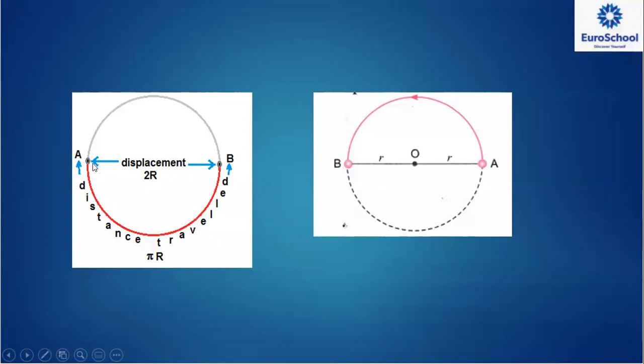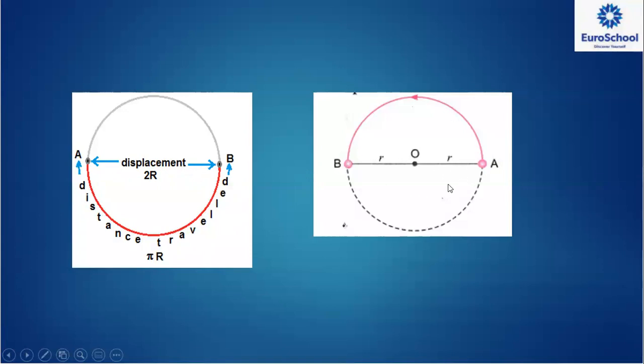If an object is at point A and has to reach point B, how much does it have to cover? Obviously, it will not choose this curved path, because displacement is always the shortest route a body can take to reach its destination. It will always take the shortest route from A to B, the straight line.